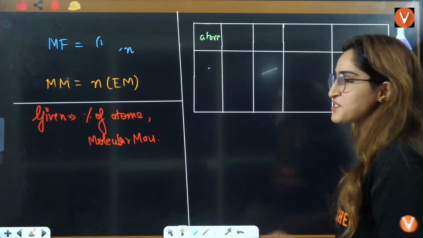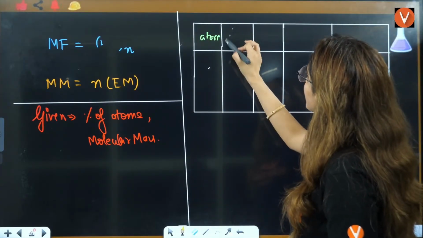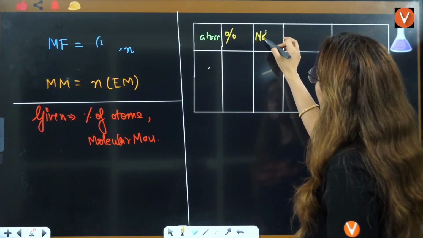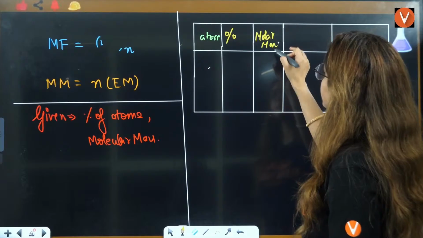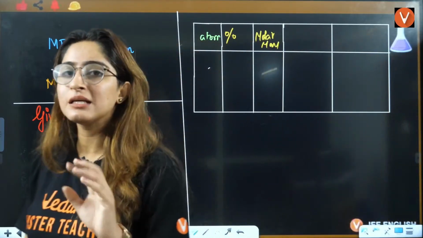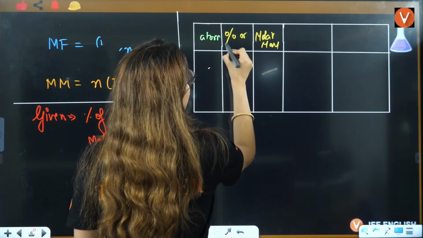Okay. So let's see here, atoms you will write. Then you will write the percentage. Here you will write the molar mass. Now understand one thing: either the percentage will be given to you or a ratio will be given.